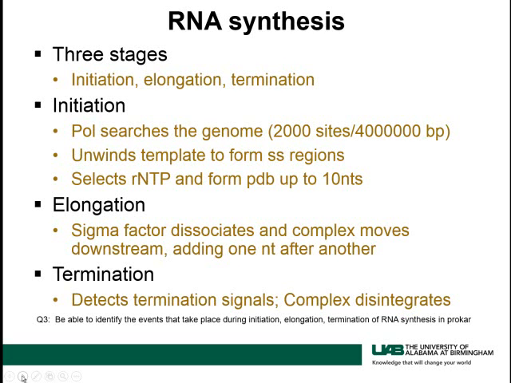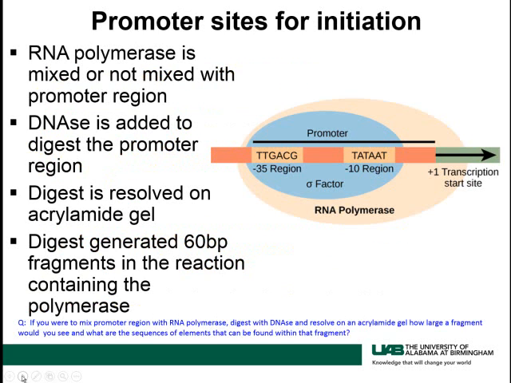And then termination occurs when the RNA polymerase comes to signals, and we're going to discuss these. There is rho-dependent and rho-independent termination, but when the termination signals are encountered, then the complex disintegrates and transcription ceases.